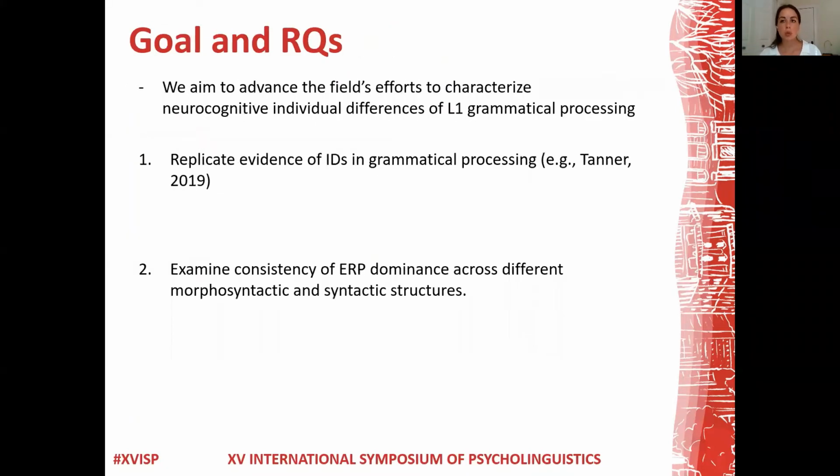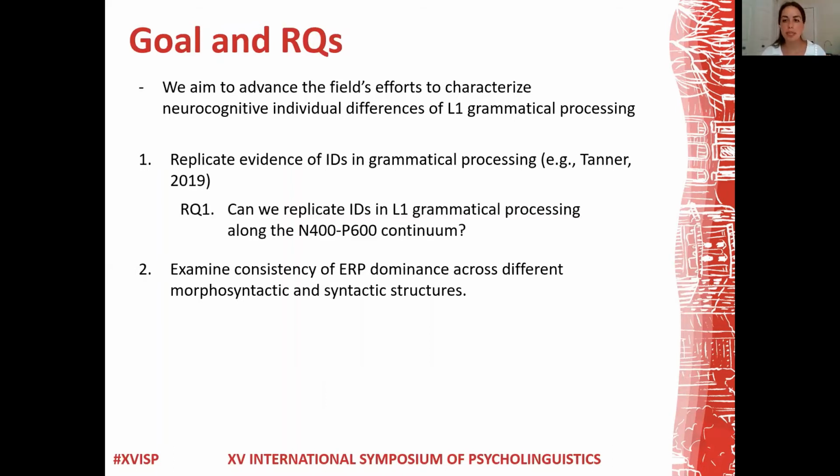So in this project, we aim to advance the field's efforts to characterize neurocognitive individual differences in native language grammatical processing with two main goals. First, to replicate evidence of individual differences in grammatical processing along that N400 to P600 continuum that I was explaining before. And here we expect to find this negative relationship between N400 and P600 effect magnitudes.